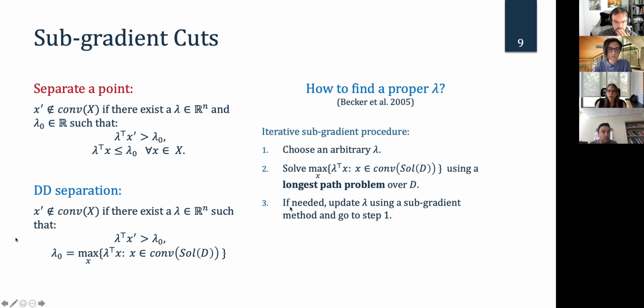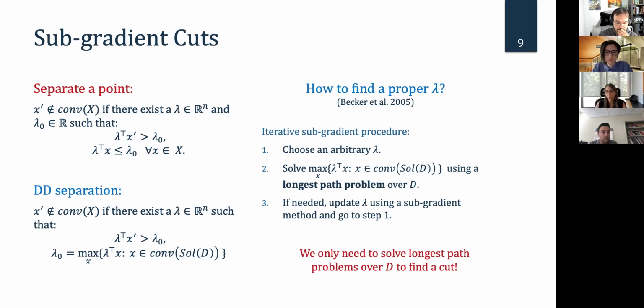And then we see the constraint that it gets us with the lambda 0. If it works, great. If it doesn't work and we need to update it, we use some subgradient routine to update our lambda. And then we start from the beginning again with the new lambda, and the longest path and so on and so forth, until we converge to the cut that will separate X prime.